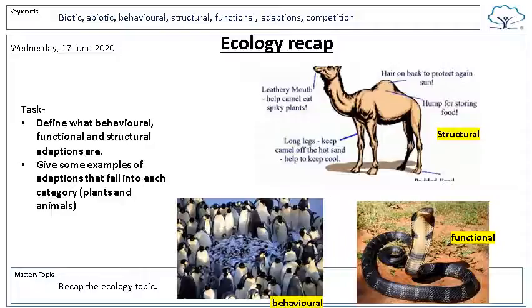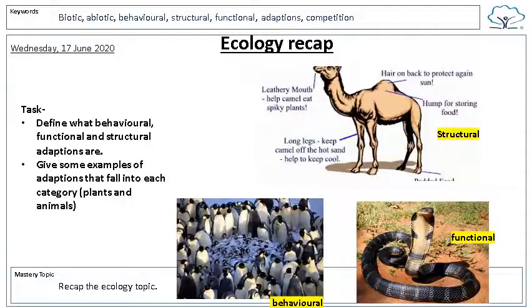So we've got the camel, which has got several examples of structural adaptations, a poisonous cobra, which has got an example of a functional adaptation, and then a huddle of penguins, which are demonstrating a behavioural adaptation. So what I would like you to do is, using my examples, give the definitions of what behavioural, functional and structural adaptations are.